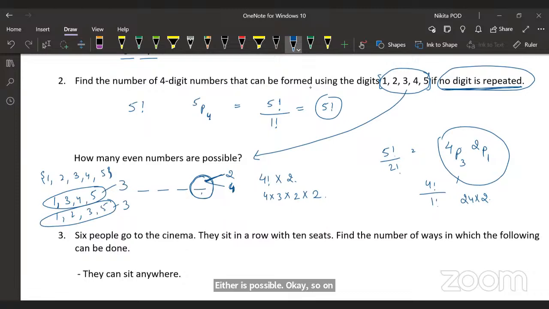So on the same line, let's say I ask you, tell me how many odd numbers are possible. So what would be the answer? 120 minus 48.